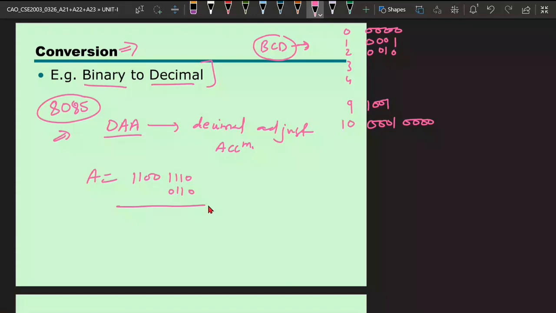So adding this 6: 0 plus 1 is 1, then 1 plus 1 is 0 with a carry 1, and so on. Again, this number comes out greater than 9, so again we will add 6 to it.